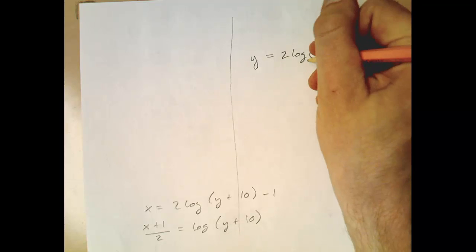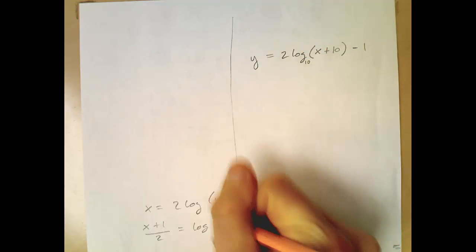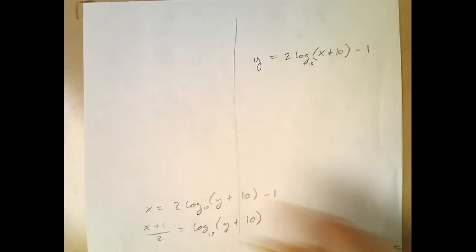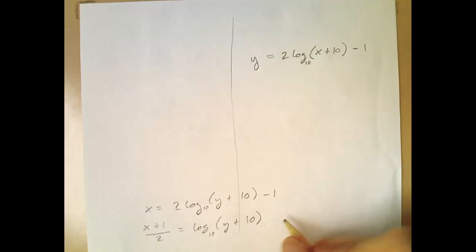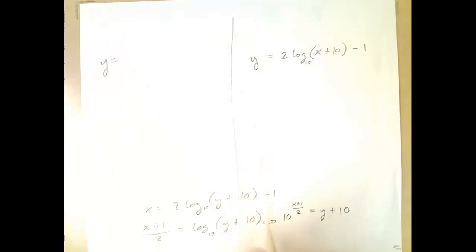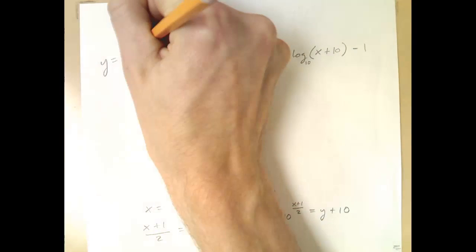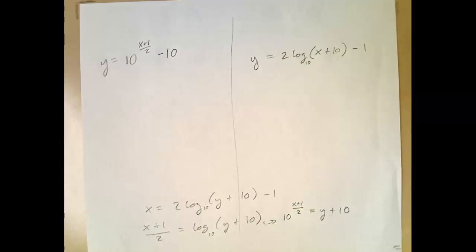Okay, let's make the base, I don't know, 10. Why not? So I can do 10 to the power of this horrible thing equals y plus 10. So then I just subtract 10 on both sides. So I've got y equals 10 to the (x plus 1)/2 minus 10.